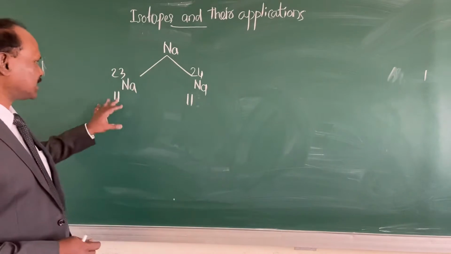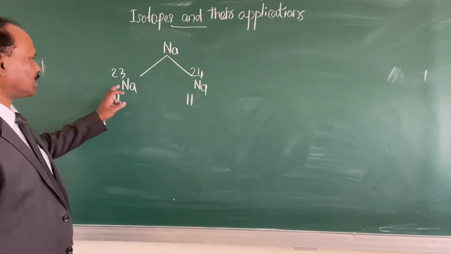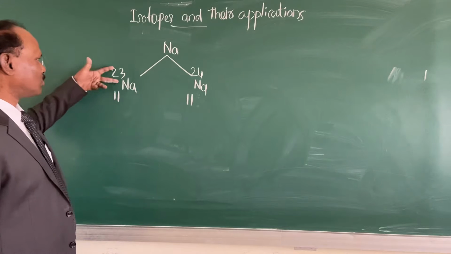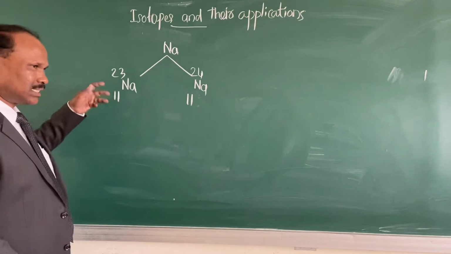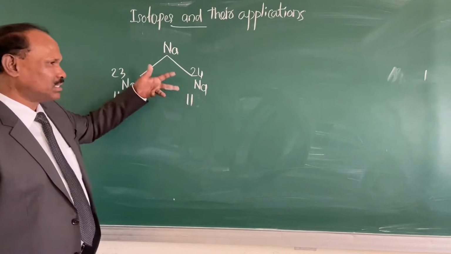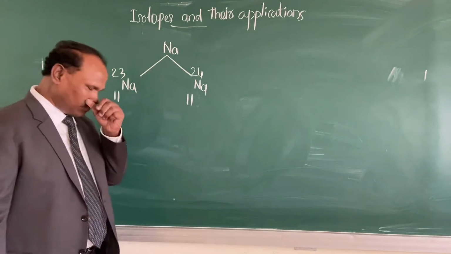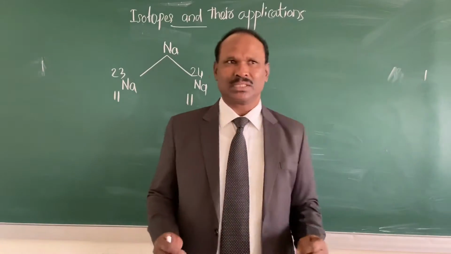So here you are seeing that, for example, in the sodium element, I have written two atoms of sodium. One is having 11/23. 23 is the mass number, 11 is the atomic number. Once again, the sodium atom is having atomic number 11, but the mass number is 24. So why is this mass number differing?